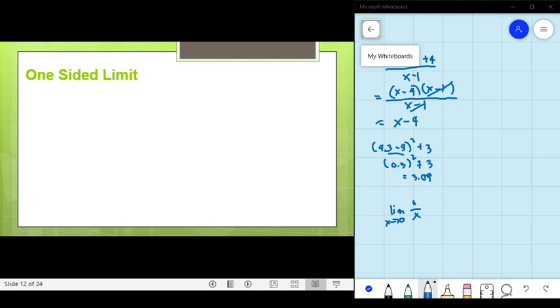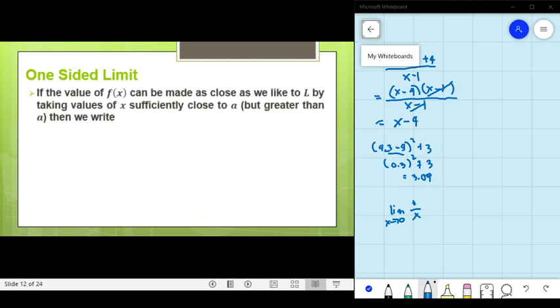So we can proceed to our next topic, which is all about one-sided limits. So what is a one-sided limit? If the value of f of x can be made as close as we like to L by taking values of x sufficiently close to a but greater than a, then we write this, the limit of f of x as x approaches a with a positive sign on top.